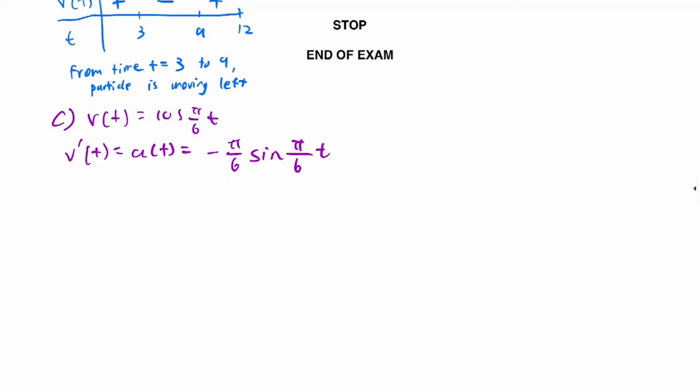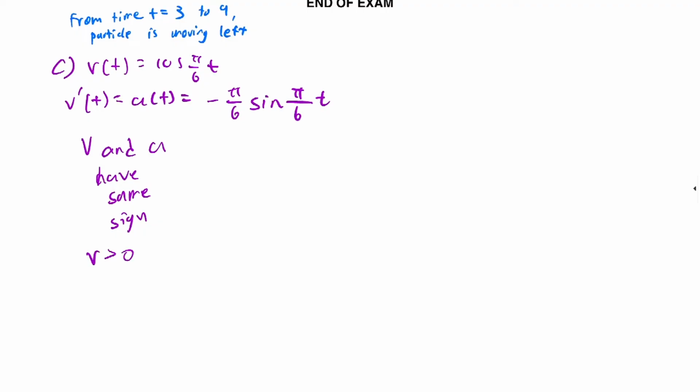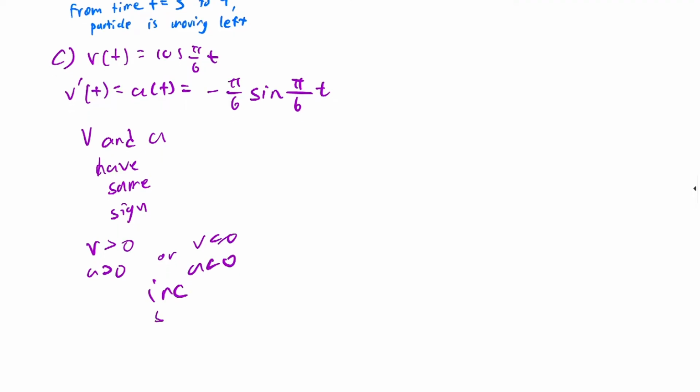Remember, the speed of a particle is increasing if velocity and acceleration have the same sign. So if v is positive and a is positive, or v is negative and a is negative, speed is increasing.